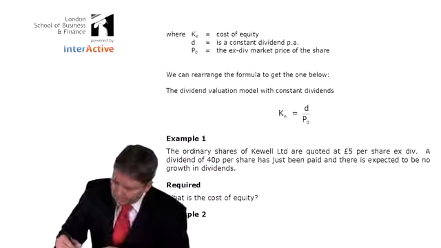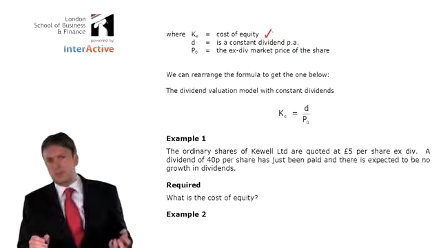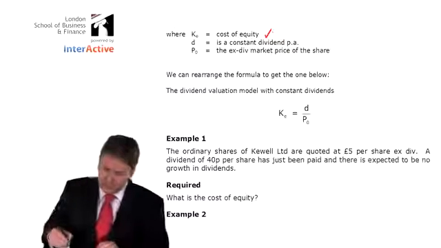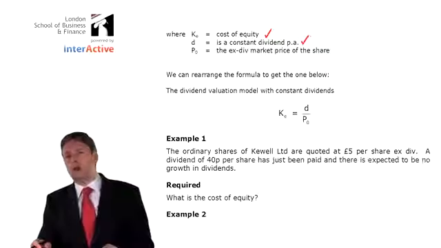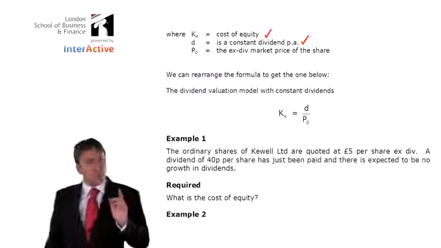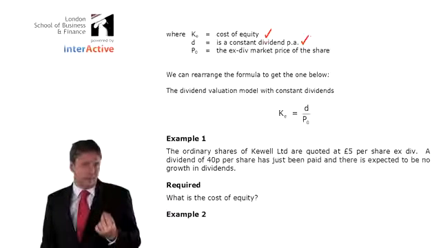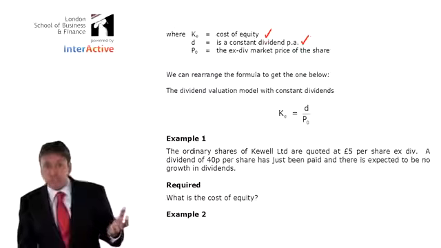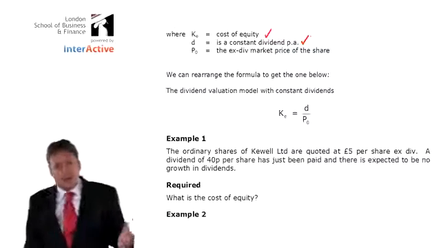Now, cost of equity, no problem there. That's just the rate of return required by the shareholder. D, the constant dividend per annum. So that's interesting. To begin with, we're suggesting that the dividend earned will be the same each and every year. Is that likely to be the case? Well, the answer is no, but we have to start somewhere.